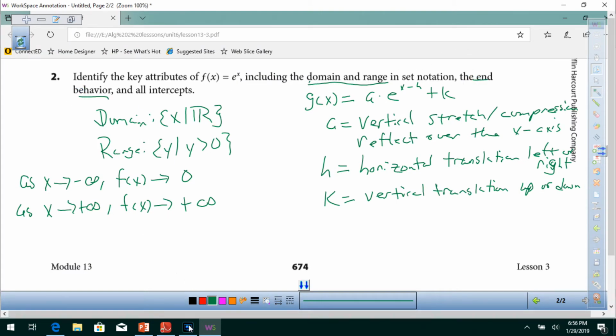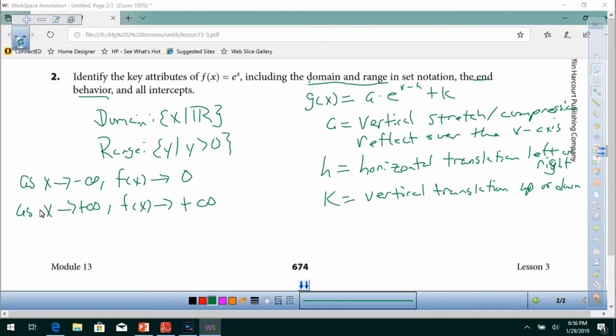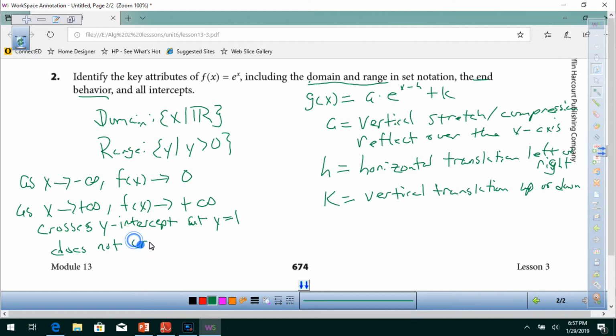What about intercepts? Well, it only crosses the y-intercept at y equals 1, and does not cross the x-intercept.